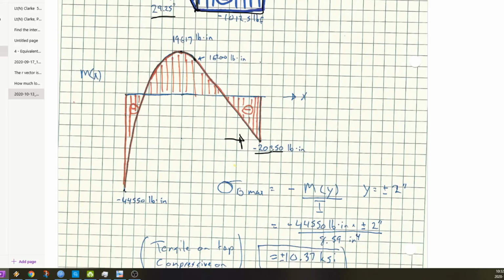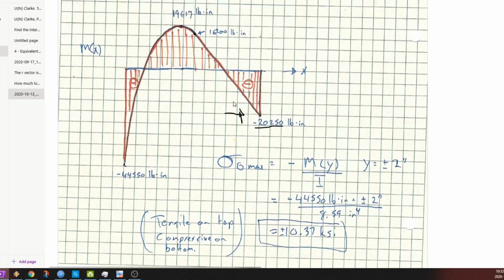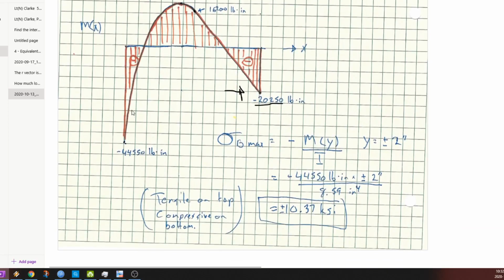So we subtract the negative point load, so add it, and that brings us back to 0, which is exactly where we expect it to be, which is a pretty decent sign that we solved the problem correctly. So based upon this, we know that the largest magnitude of our bending moment is going to be right here.